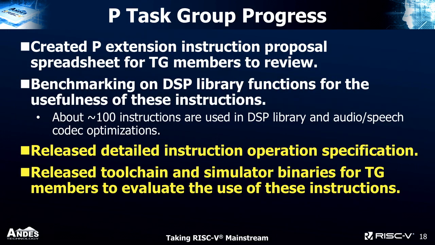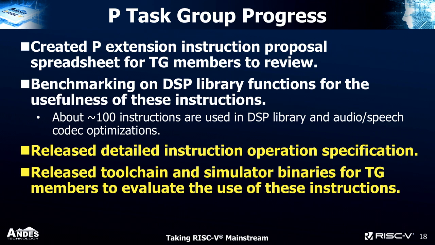Okay, in summary, the current progress of the P extension test group: we have created the instruction proposal spreadsheet for test group members to review and give feedback. We also benchmarked the DSP library functions and several other benchmarks on the usefulness of these instructions. In all these benchmarks, around 100 P extension instructions have been used.